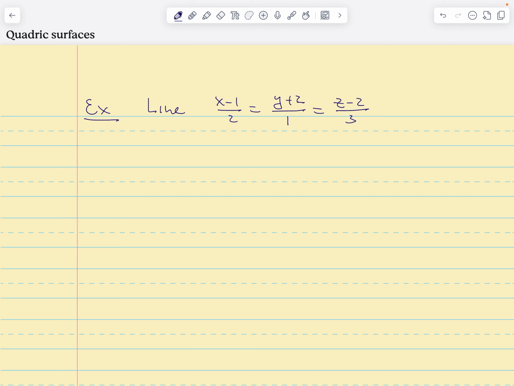And also we have a plane, 2x minus y plus z equal to, let's say, 4.